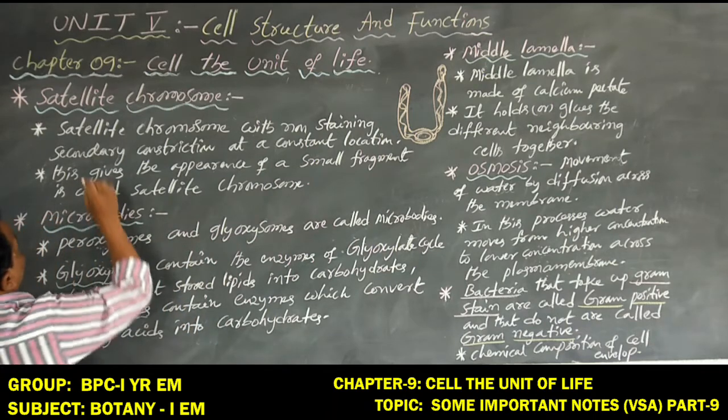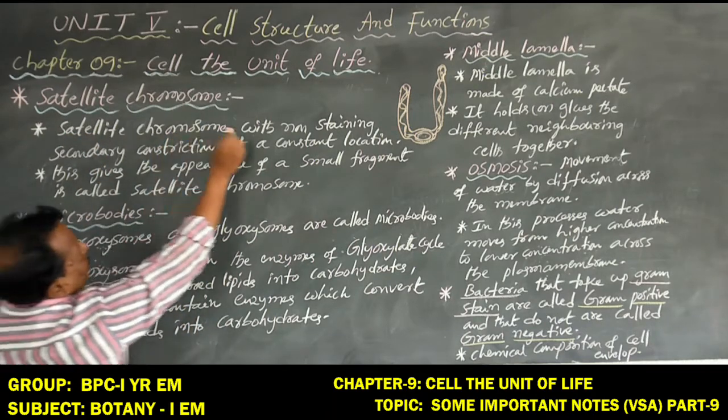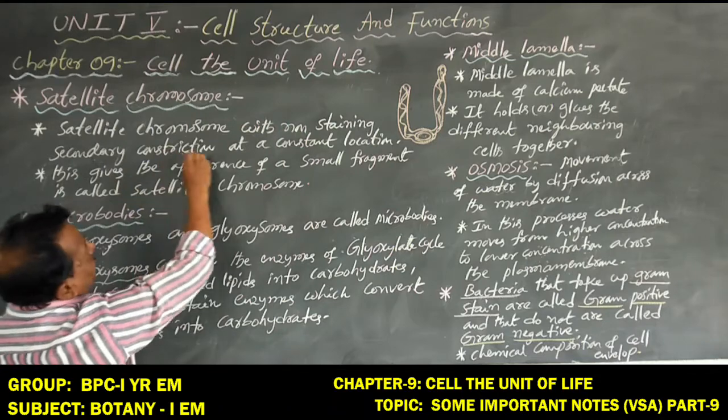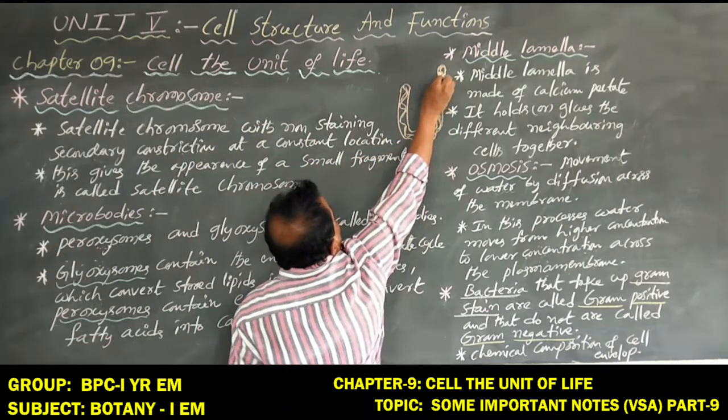Once again, clearly, a satellite chromosome has a non-staining secondary constriction.